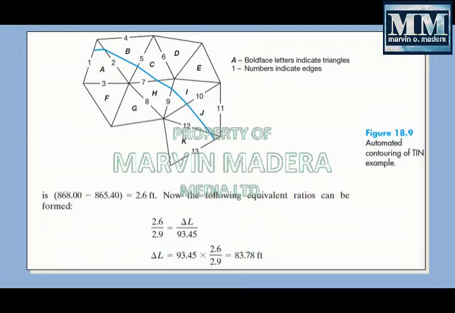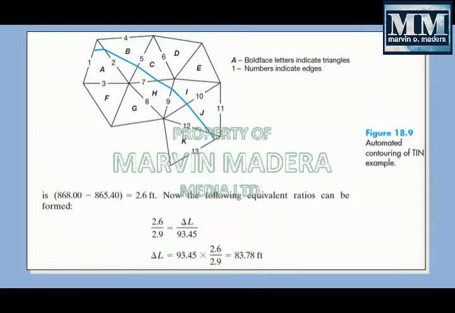The way they compute the location of the contour is by using this equation, 2.6 over 2.9: the scale distance over the scale elevation is equal to the change in length over the actual distance in the real map, or the proportion of the scale distance and the actual ground distance.